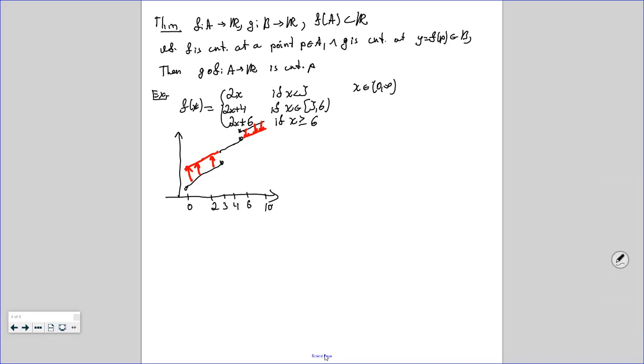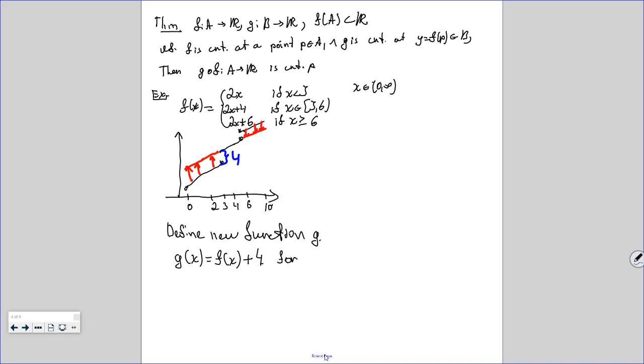To do this, we may define a new function g, and we say that g(x) is equal to f(x) plus 4, since the difference here is 4. Yeah, I'm not a good drawer, but you get the point.